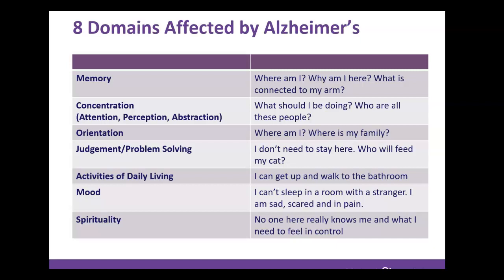They may feel that they don't need to stay there or in a hospital setting if they need inpatient medical treatment. Activities of daily living over time gets complicated where patients are not able to get up anymore, or be able to walk to the bathroom by themselves unassisted.